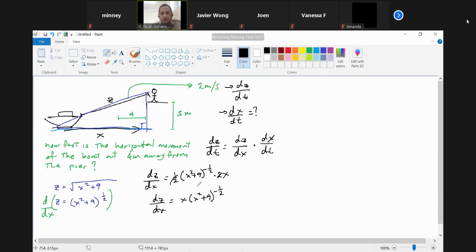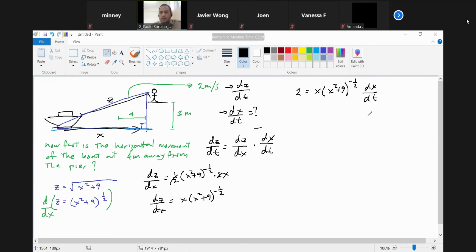Okay, let's use that. So this is now going to be placed in this formula. We will now get dz/dt, that's now 2, equal to x times (x squared plus 9) raised to negative 1/2, and this is now going to be dx/dt.